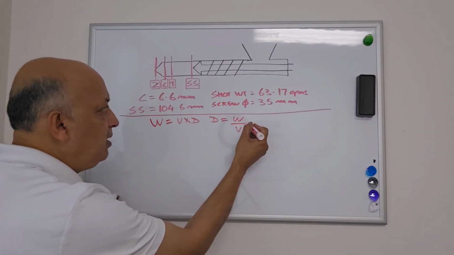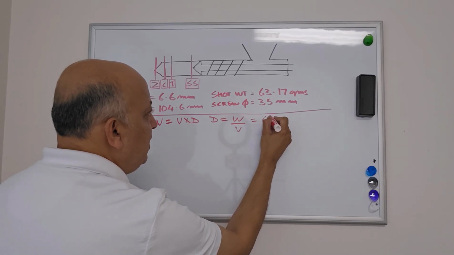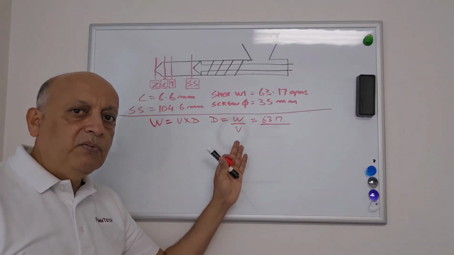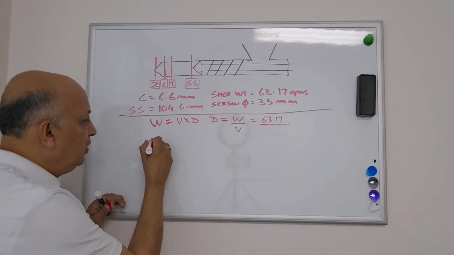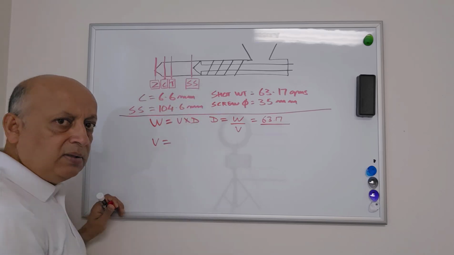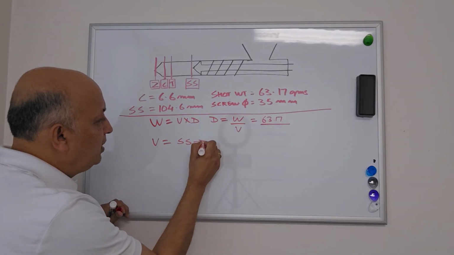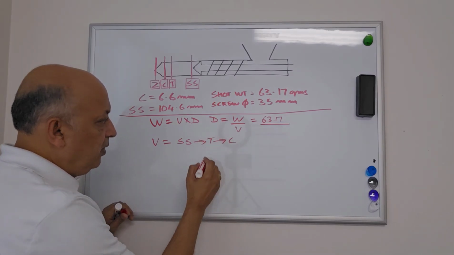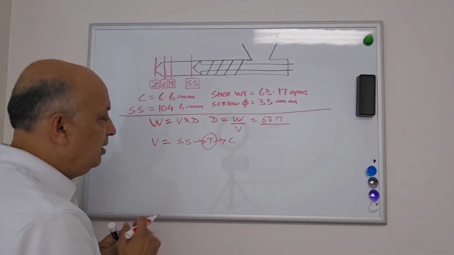So we already have the weight, right? It is equal to 63.17 grams. And now we need to find out what the volume is, right? The volume is equal to the volume of injection. That means you're going from the shot size to the transfer position to the cushion value. So we're going to eliminate the transfer position. We don't need the transfer position anymore.